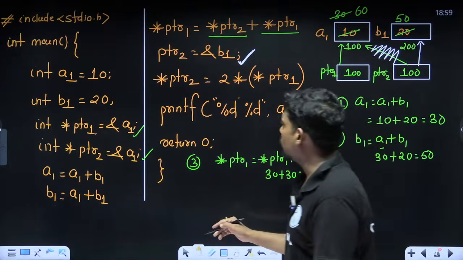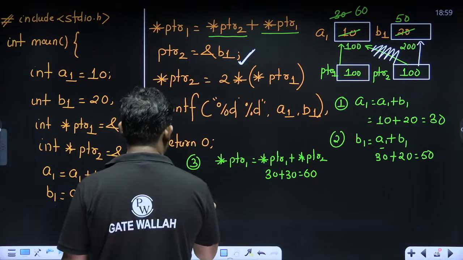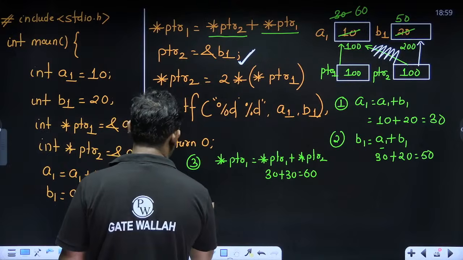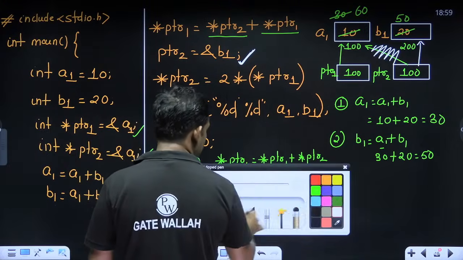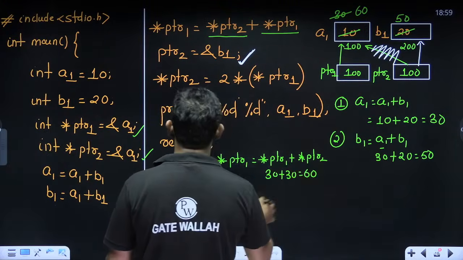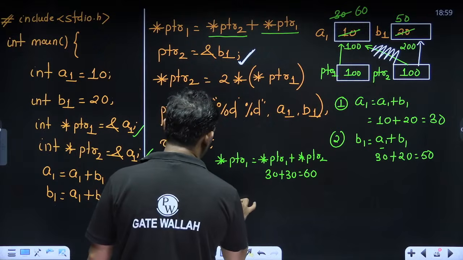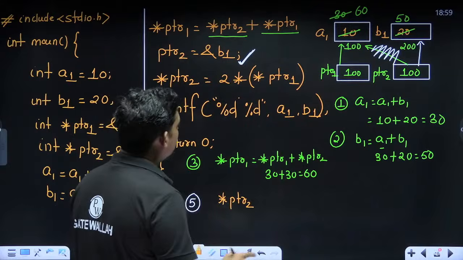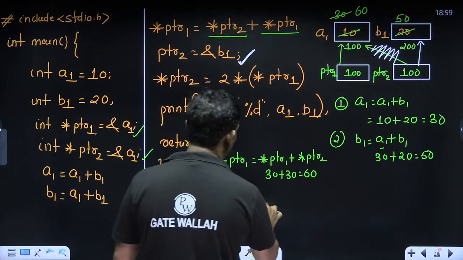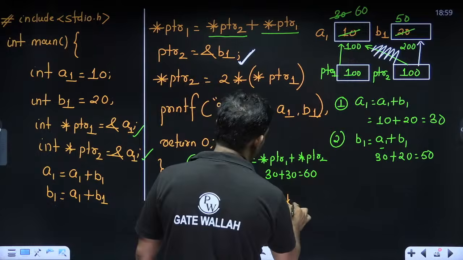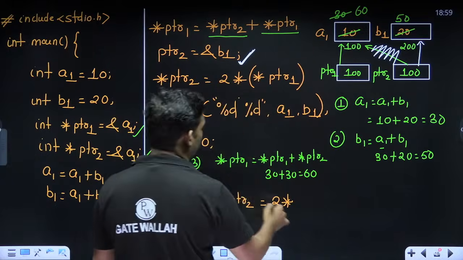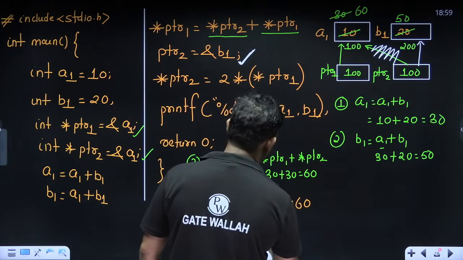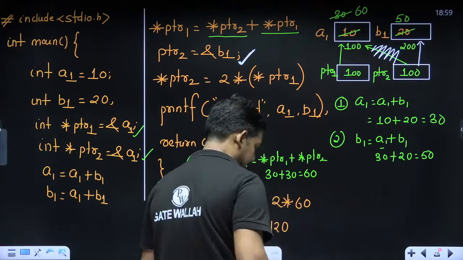Now the fourth statement, the last statement, which is the fifth statement, and it says dereference PTR2, just now PTR2 pointing to this, is 2 times dereference PTR1, that is equal to 60, and that will become 120.